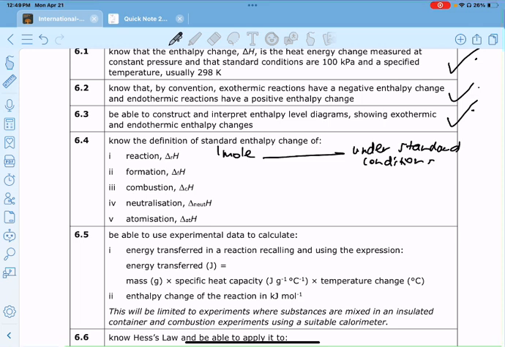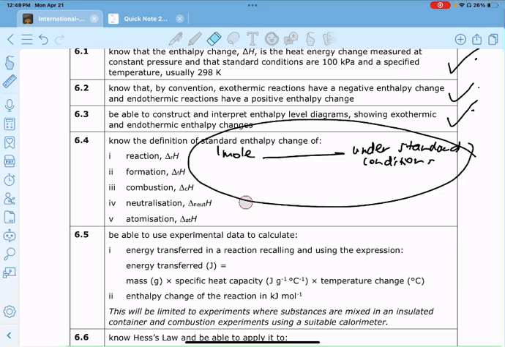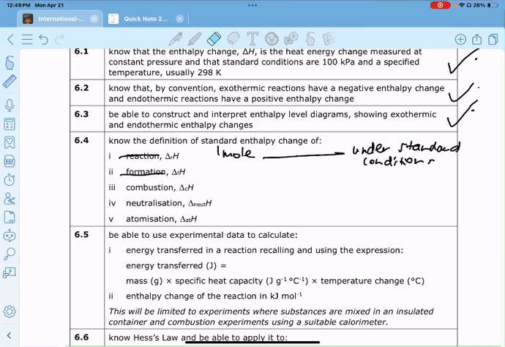Now, every explanation will have this, but depending on whether it's reaction, formation, combustion, neutralization, or atomization, this part will change, okay? So under standard conditions, and we have to list of what? Of 1 atmosphere pressure, which is 100 kilopascals, and you have to mention 298 Kelvin. You can't say room temperature, you have to list the actual amount, which is 298 Kelvin, or 25 degrees Celsius.